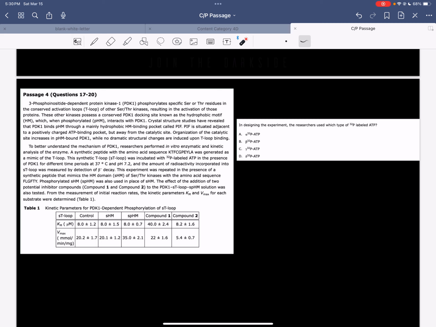It says it was incubated with 32P labeled ATP in the presence of what we call PDK1 at different times. So basically, they've told us the experiment that we are doing, and the experiment is that they're incubating ST loop in the presence of ATP. They've incubated it with ATP, which they have labeled one of its phosphoryl groups, in the presence of PDK1.